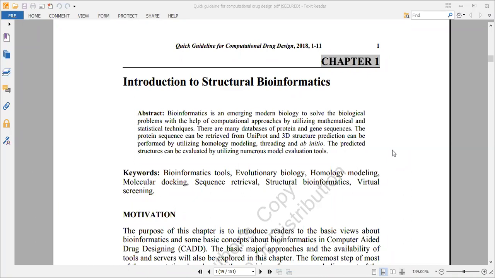After the three-dimensional structure prediction, there will be the evaluation of that predicted structure. There are numerous tools available for the evaluation of predicted three-dimensional structures. Every tool has its own pros and cons. So the selection of a specific tool is very important for the experiment.